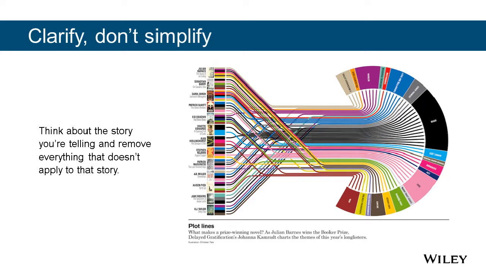So take this graphic, which is, interestingly enough, about stories. This graphic tracks the various plots that appear in the winners of the Booker Prize over the years. And as you can see, in some respects, the level of detail in this whole illustration is very interesting to look at from an aesthetic perspective.